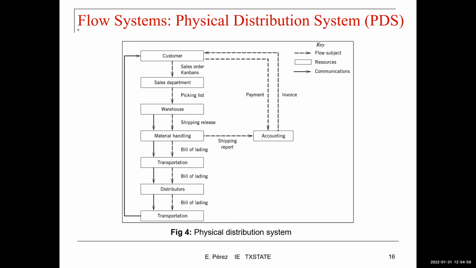Then they're going to use the material handling, most of the time forklifts, putting together the order. And then after the material handling, we do the transportation and distribution to the final product destination, which is the customer. So again, three major areas. The final one is the physical distribution to the customer.